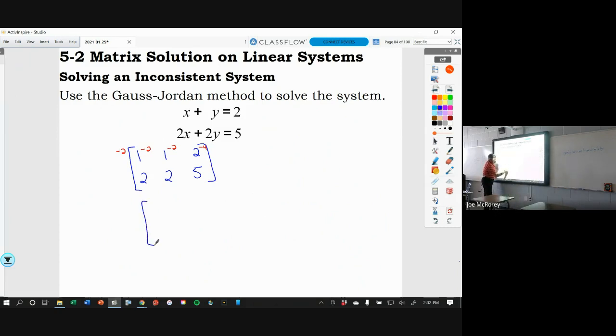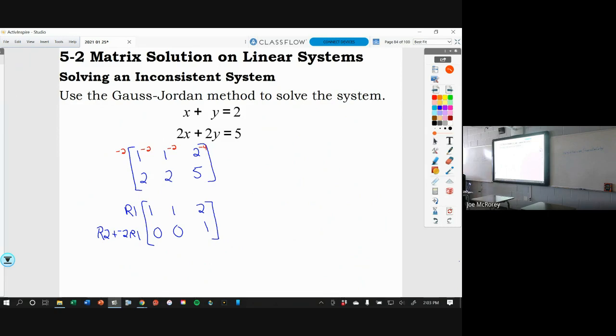Row 1 is not changing. Row 1 is 1, 1, 2. Row 2, however, is changing. Row 2 is going to be row 2 plus -2 row 1. Combine those, what do you get? 0, 0, 1.